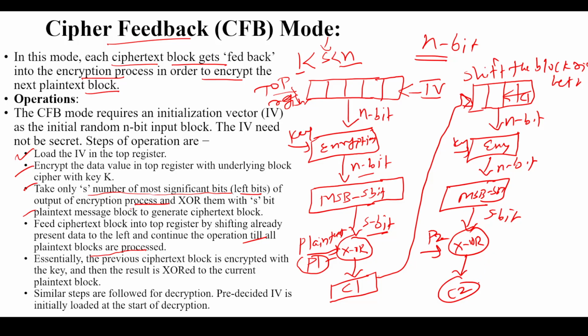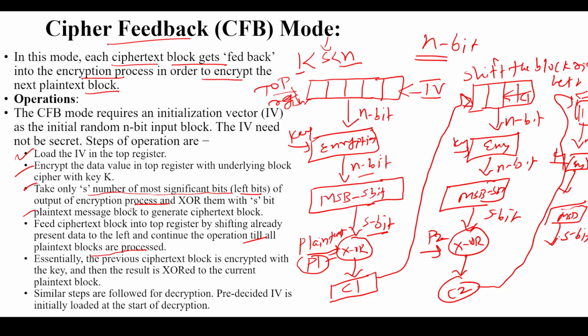Now this last outcome will be used in the next step. Whatever value is there, we will shift into the left. Again, the n bits will be encrypted, and the key will be applied for encryption. Again, select the MSB, the same step: whatever selected s bits are there, XOR with the third plaintext, and we will get the third ciphertext.